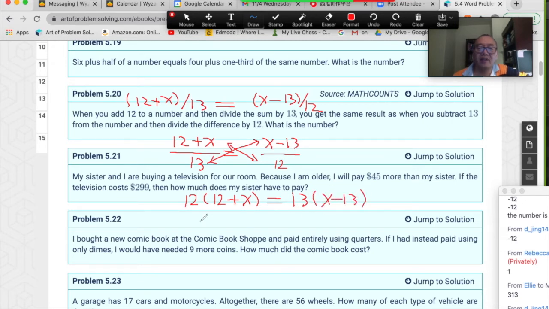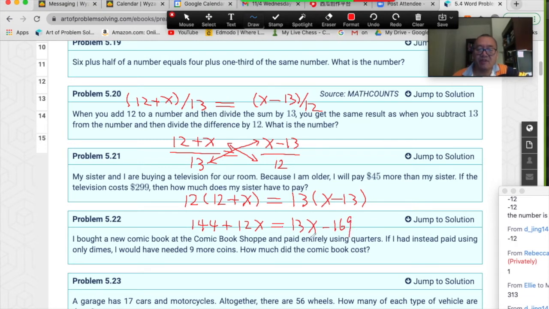Then you expand it. 12 times 12, that's 144, plus 12 times x, that's 12x. Then 13 times x, that's 13x. Then 13 times negative 13, you get negative 169.